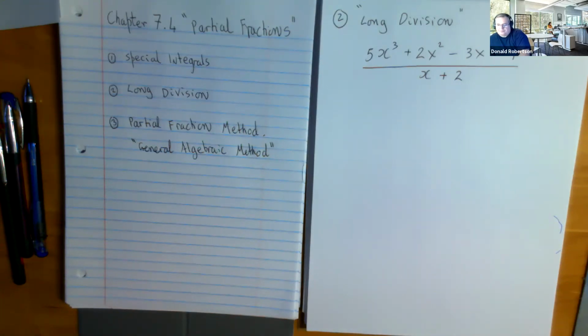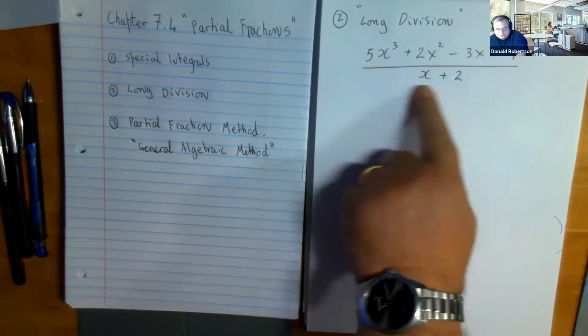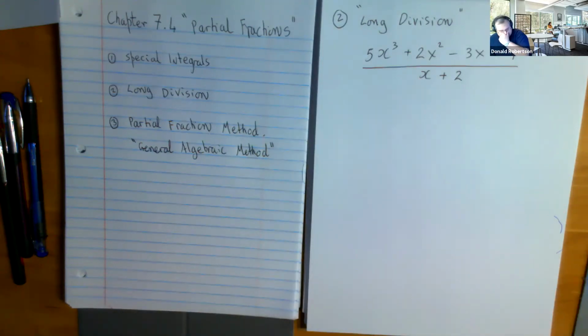Long division allows us to take a polynomial divided, in this case, by x plus 2, and rewrite it in terms of what's called a quotient, which is essentially like a whole number bit plus a remainder.